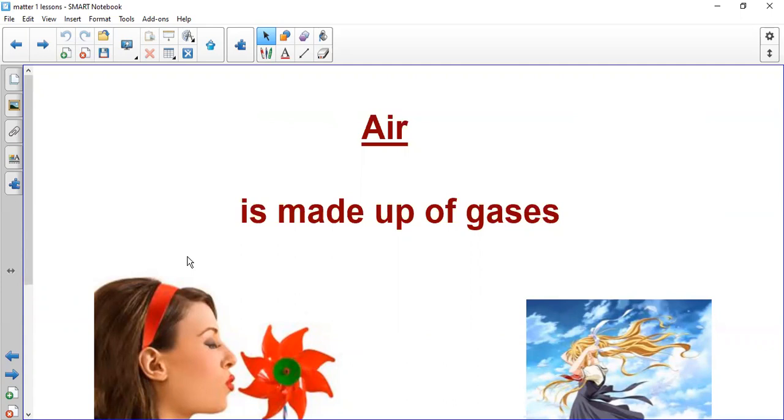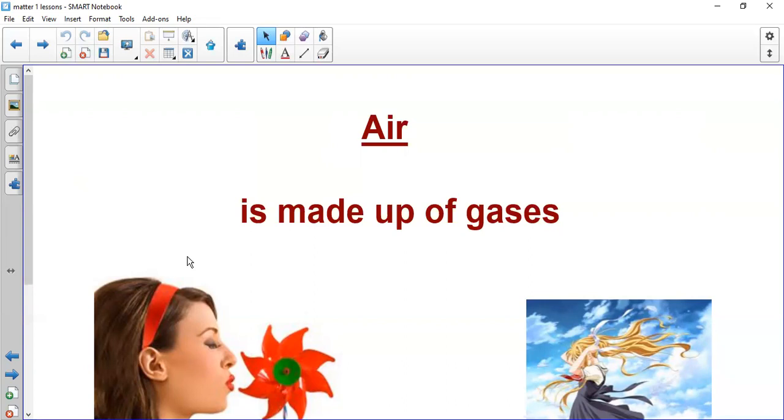Can you give me an example of gas? The air is a gas. The steam that comes out when your mom is cooking or boiling water is a gas, and we will learn more about steam. The air inside a balloon is gas.